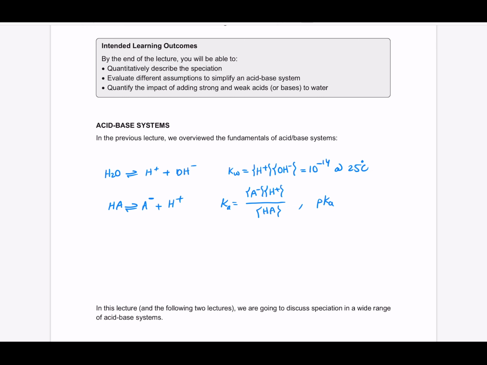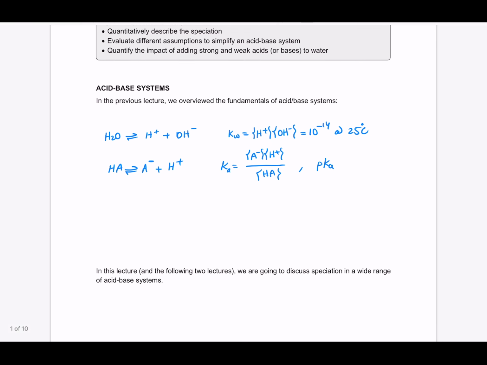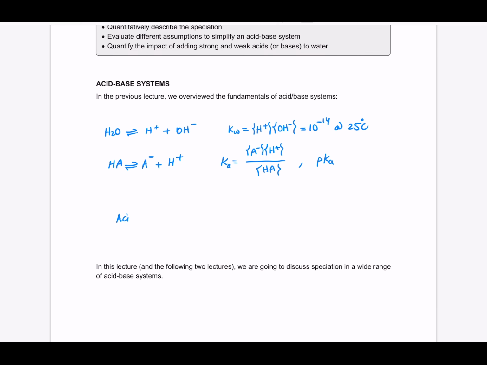And then the last thing we talked about in the previous lecture was the acid strength. And then we had this threshold of pKa less than 2. This would be a strong acid. And pKa bigger than 2, this would be a weak acid.